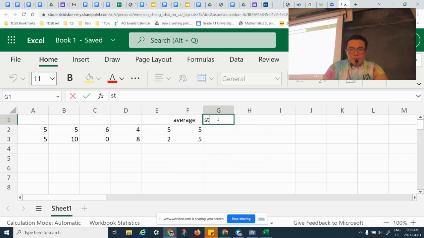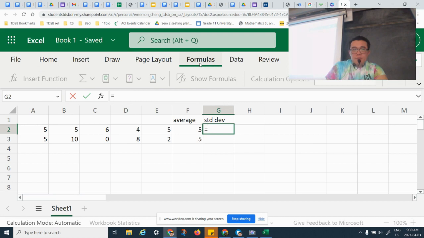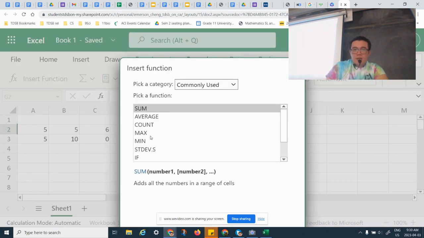Now standard deviation. Okay, so in this case, you're going to calculate standard deviation. Now, let's just say you don't remember all these equal signs and the shorthand of it. What you can always do is go insert, insert function, and you can scroll down to see if they have standard deviation.